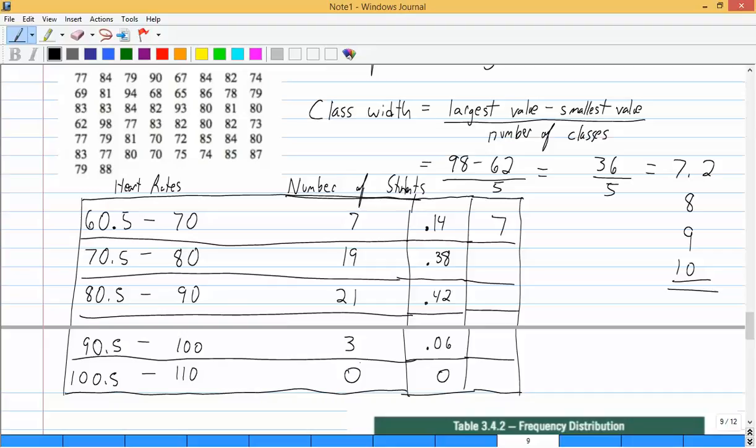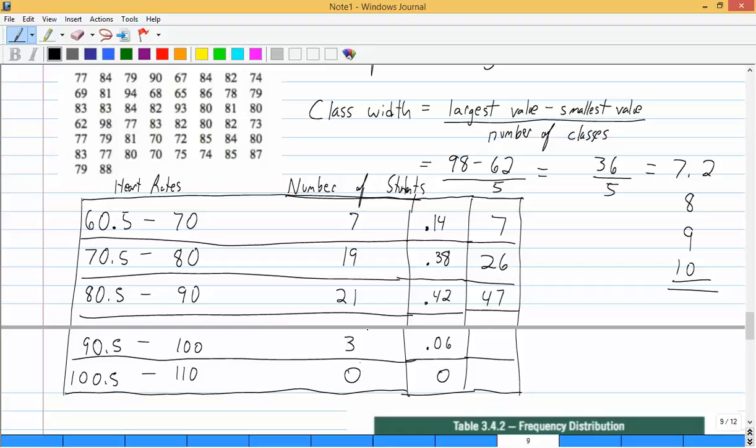Alright, the next class would have a cumulative frequency of 7 plus 19. So 7 plus 19, that's 26. It's a cumulative frequency, so it's like we're just keeping a running total as we go. So the next class would be 26 plus 21, which is 47.